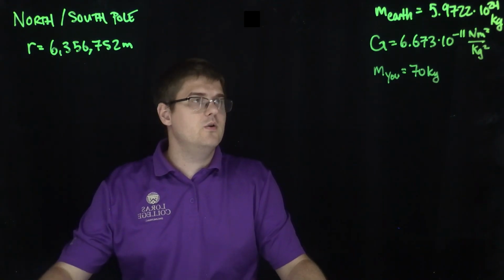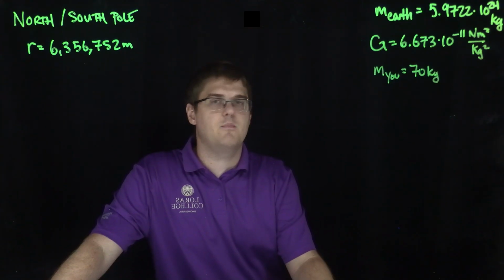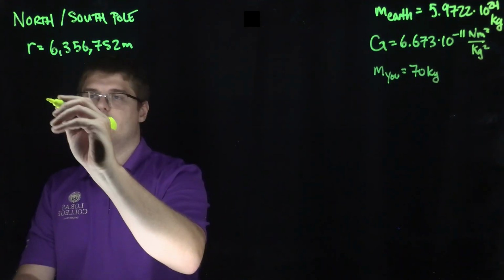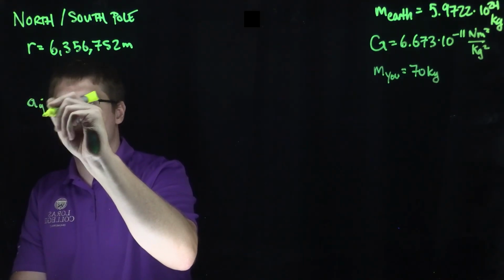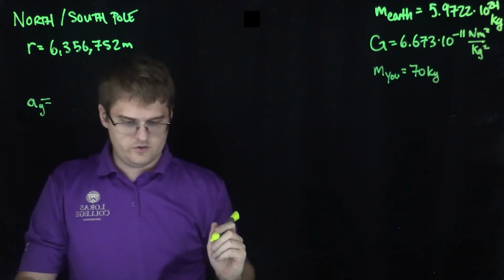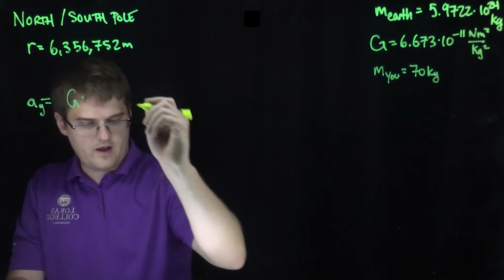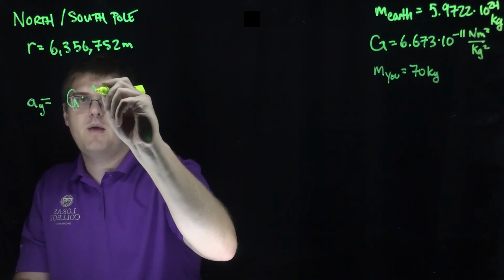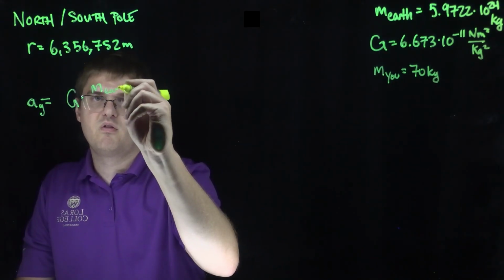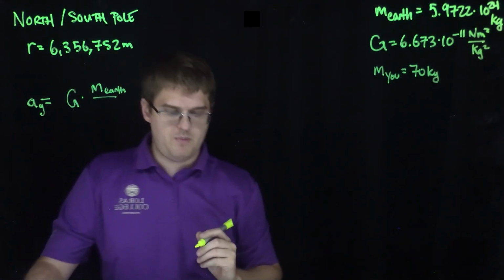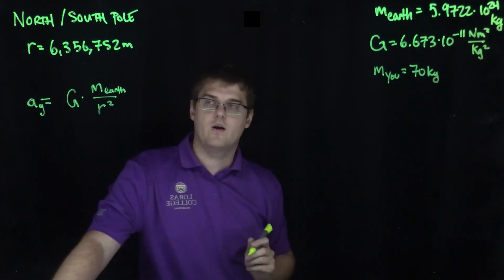The first thing we can do here is say we want the acceleration of gravity at that point. So acceleration of gravity is independent of the thing it's acting on. It is just going to be capital G times the mass of the thing providing the gravity, so in this case the mass of Earth, divided by the distance you are away from it squared, so radius squared.